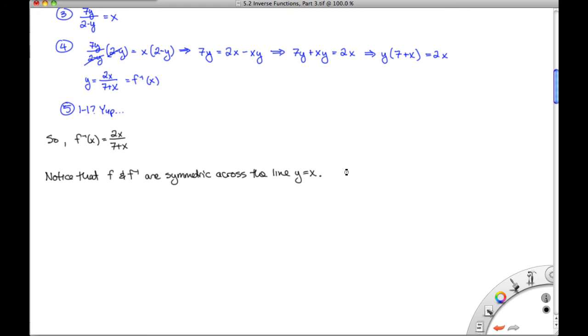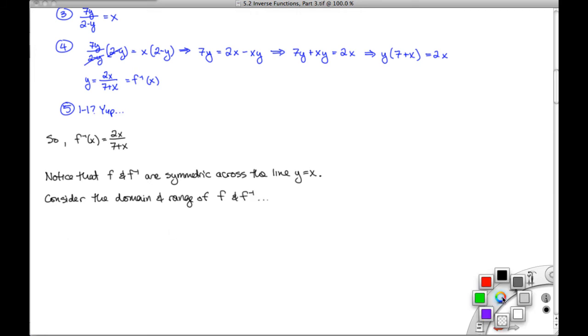Now, again, we think of x as domain, y as the range. There's also another connection that we're going to see. To see this, let's consider the domain and range of f and f inverse here.